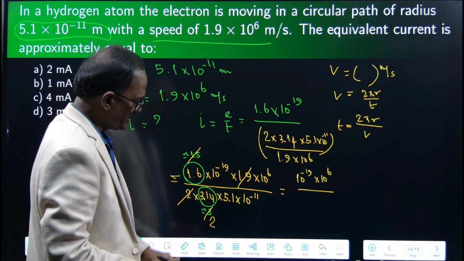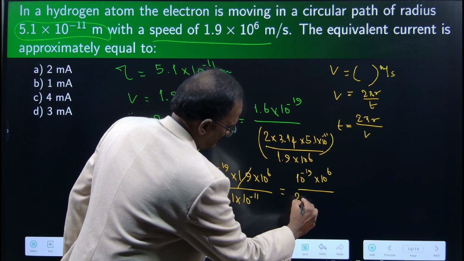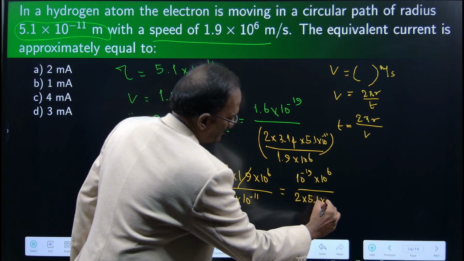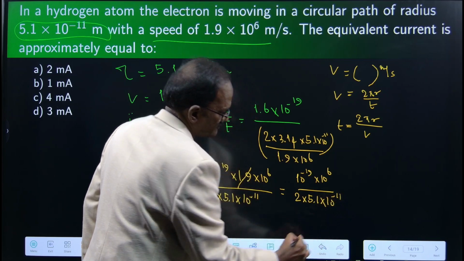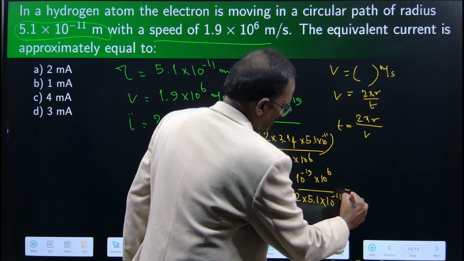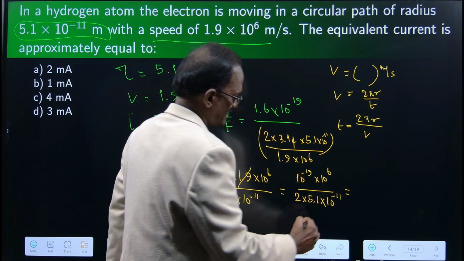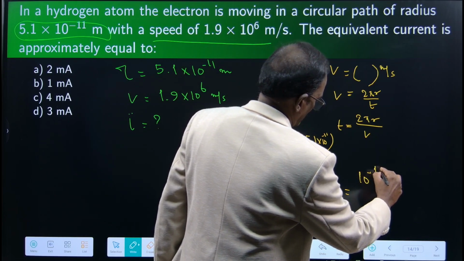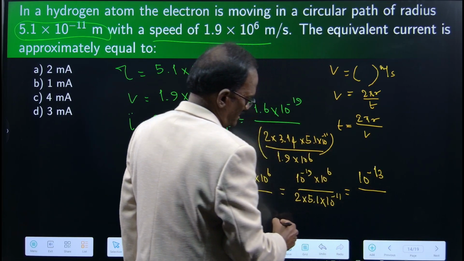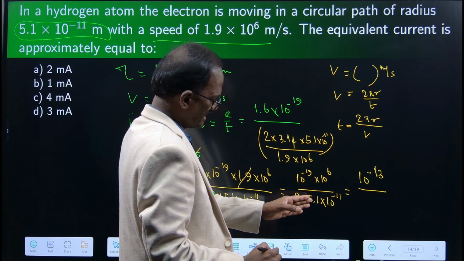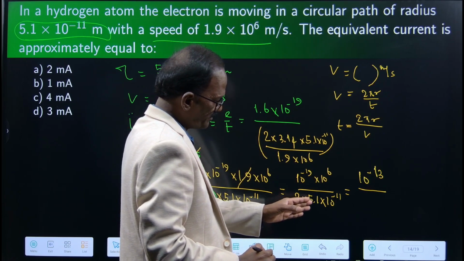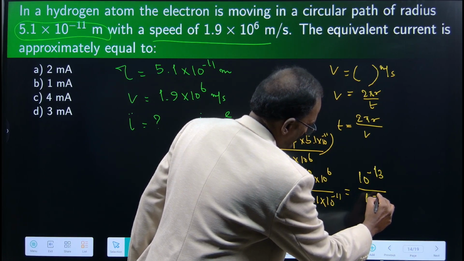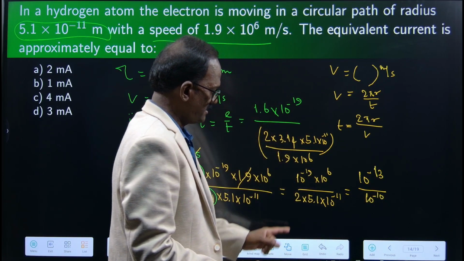This is 2 into 5.1 into 10^-11. This is minus 19 plus 6, so 10^-13. This can be written as 10 approximately. 2 into 5.1 can be written as 10. So this will be 10^-10.